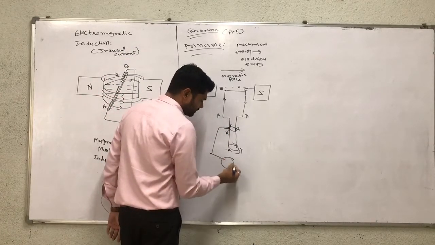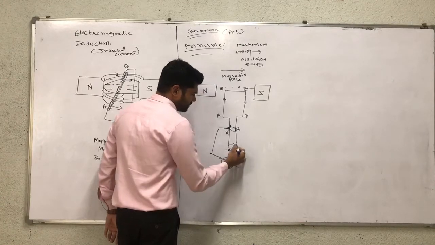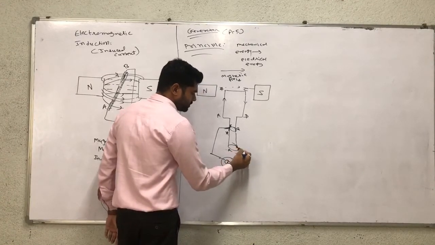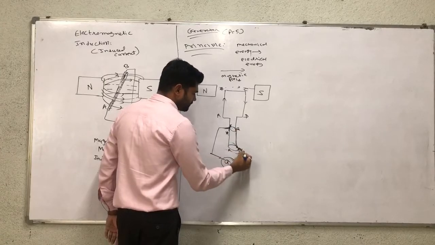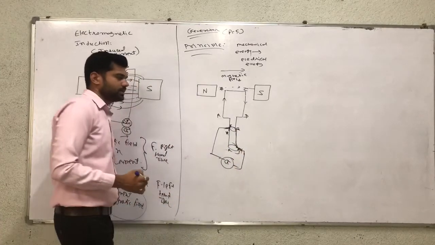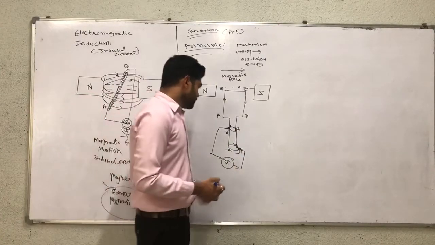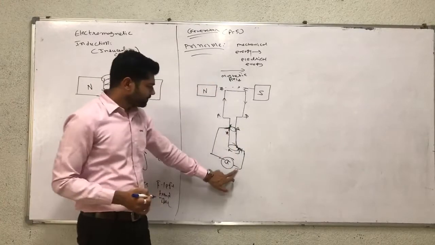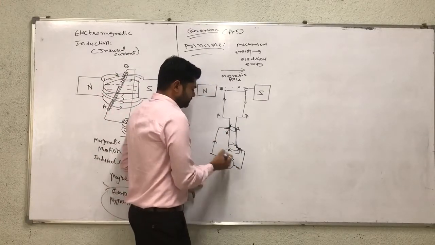Here is the galvanometer, and the second brush connects this wire into the circuit. So the circuit is completed.